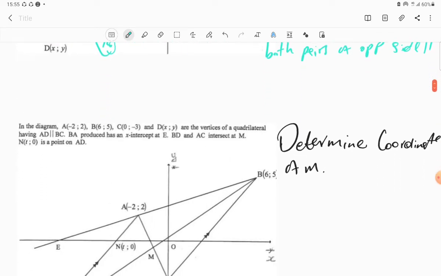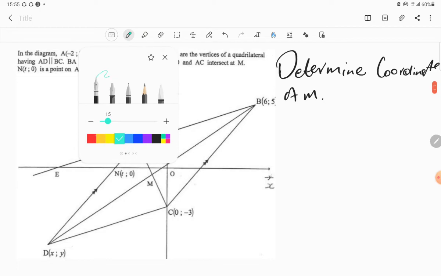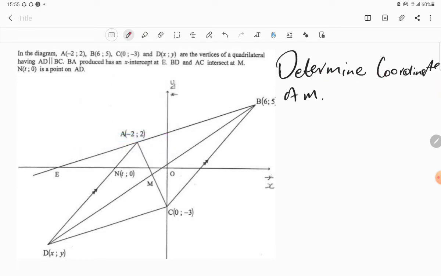Then moving forward, let's determine the coordinates of M. Remember, we are asked to determine the coordinates of M, which means this point, after we have proven that this is a parallelogram. So of course we know that this is the diagonal of a parallelogram.